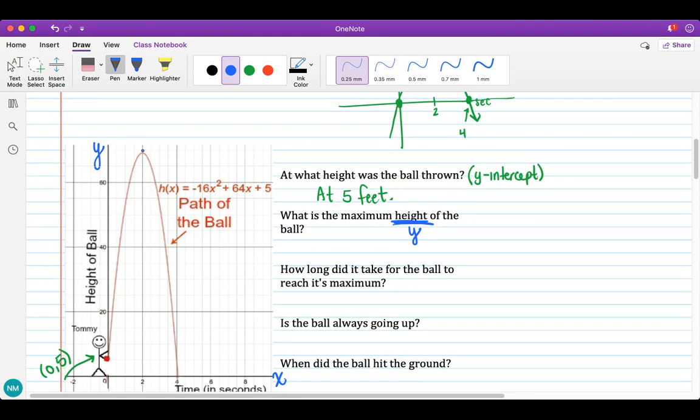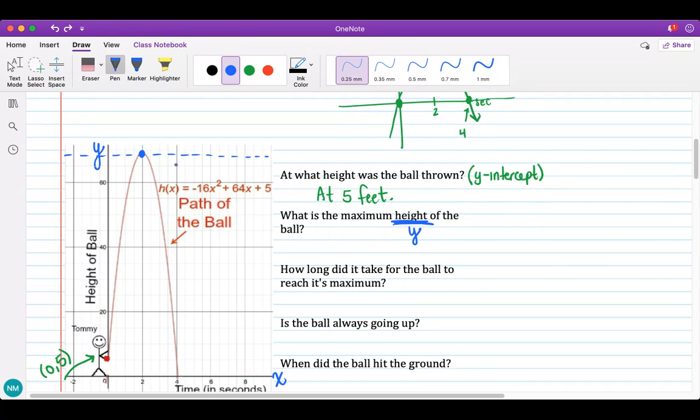So I have to go to my vertex and figure out what is the maximum. Now, we don't know exactly what this is, and for time's sake, because I'm not going to go through the whole thing, if you were given this problem, you would have to find the vertex of this function if it's not clear on the graph.